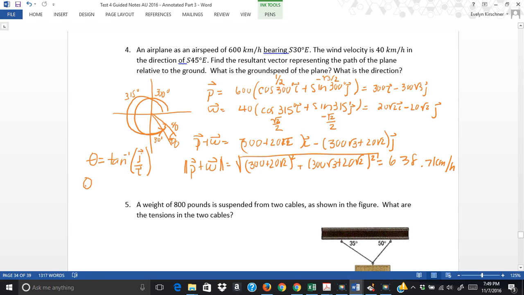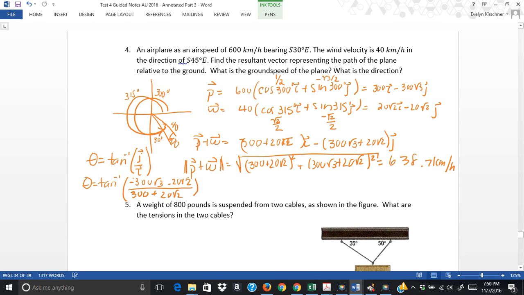So theta is the inverse tangent of negative 300 radical 3 minus 20 radical 2 over 300 plus 20 radical 2.